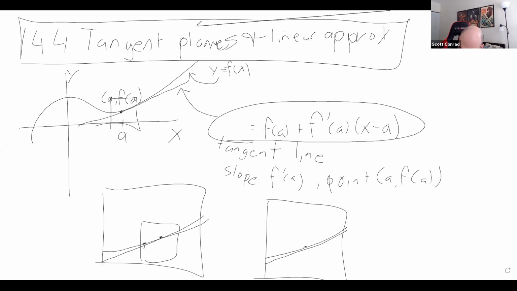So if we want to approximate our function, we can plug it into our linearization of f at a. It's a really, really simple function, and really easy to calculate an approximation by hand using that.